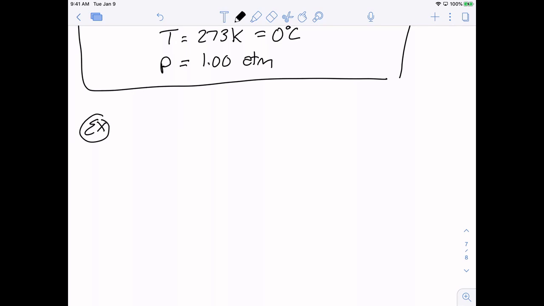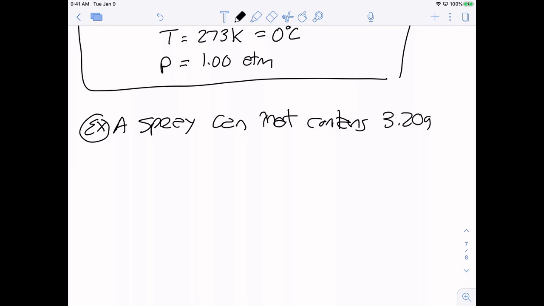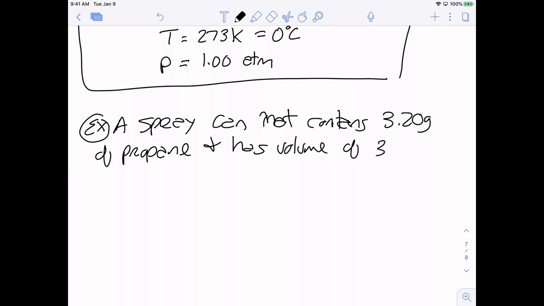The first one though, we have a spray can that contains 3.20 grams of propane and has a volume of 350.0 milliliters.